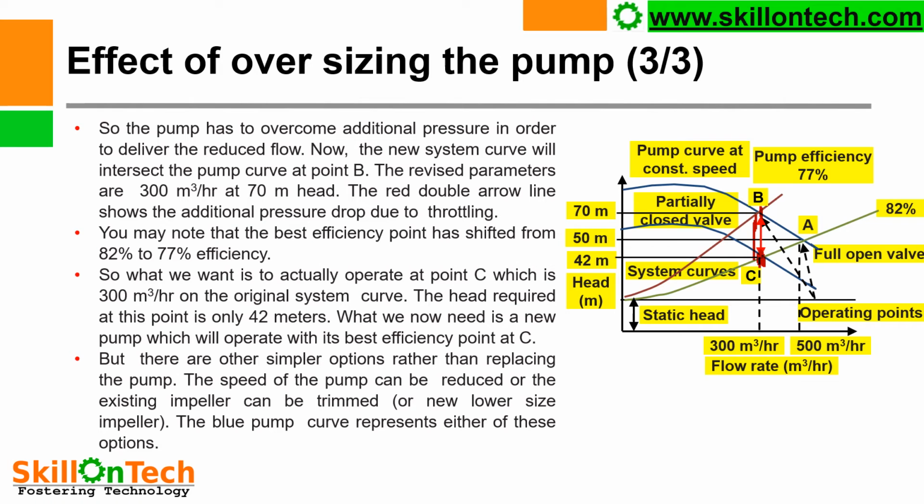If we need a new pump, we will purchase a new pump. It will be a very costly and uneconomical solution. So what we can do is, the speed of the pump can be reduced, or the existing impeller can be trimmed, or a new lower size impeller can be used. The blue pump curve represents either of these options.